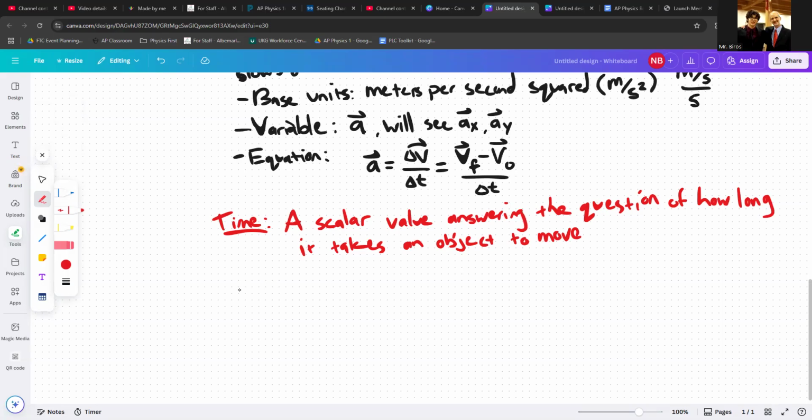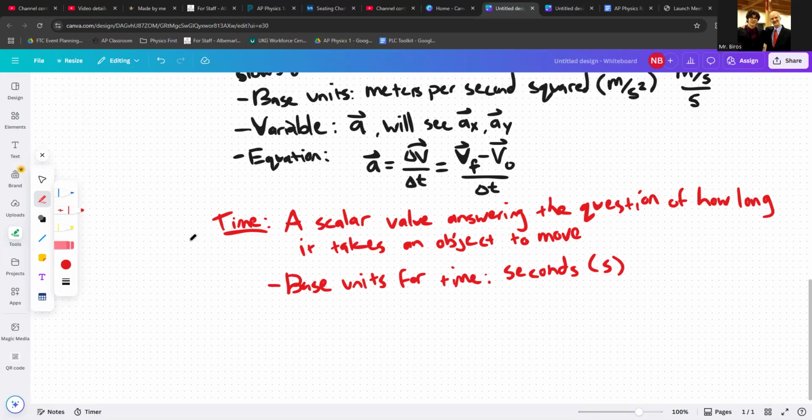All right. So the base unit for time makes a whole lot of sense because we're going to use seconds. If you see minutes, if you see hours, convert them to seconds, because all of our equations require that we deal with the base or default units for that variable.